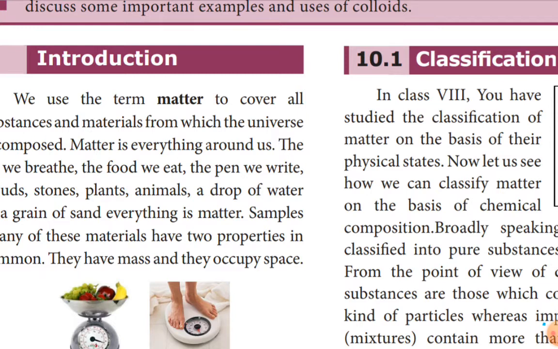Example, sugar and water, water and alcohol. Then what is a heterogeneous mixture? In a heterogeneous mixture, the components are non-uniformly present in the mixture. Example, sand and sugar, water and oil.